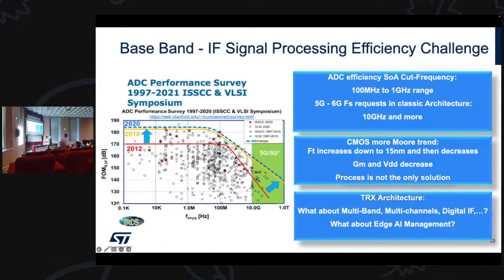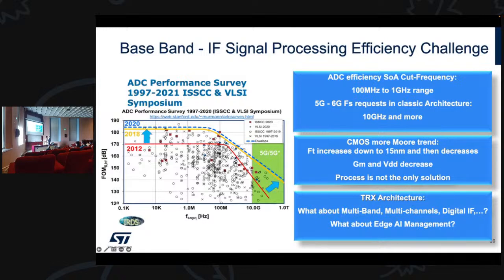The second one: we might think we can use CMOS in nanometer scaling, less than 10 nanometer, 5, and so on. What happens with that? If you look at the curves, the FT is increasing up to something around the 15 nanometer node, and then it is decreasing.